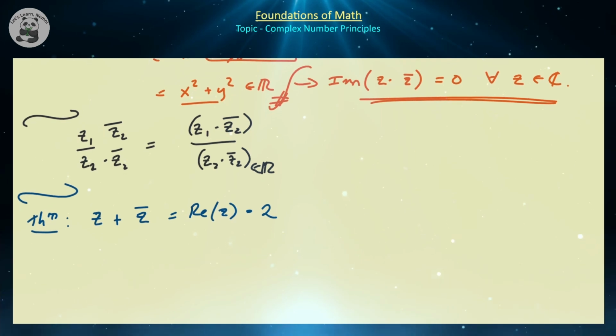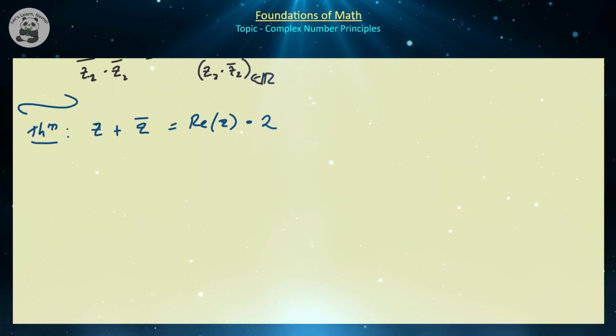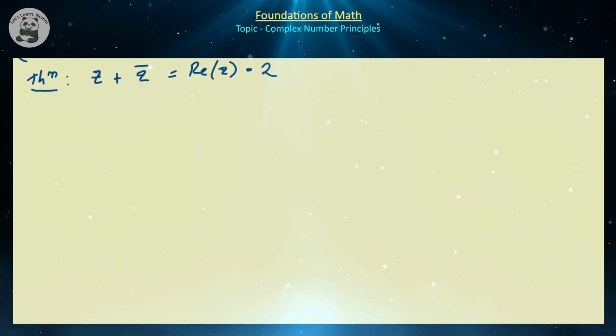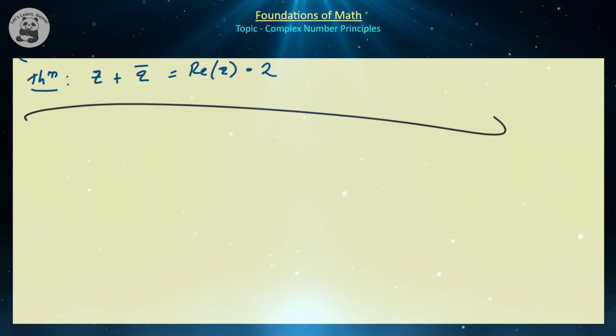Now, there's one other thing that I want to mention because it's very important when it comes to understanding the basics of complex numbers, and that's the absolute value of complex numbers, right?